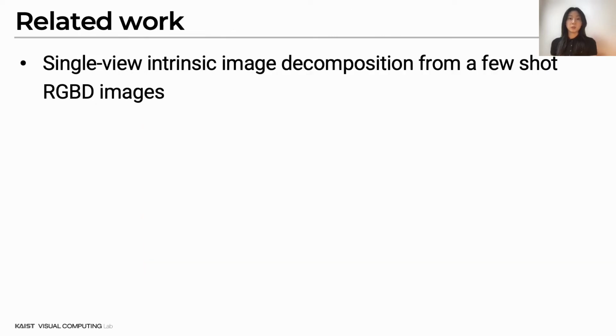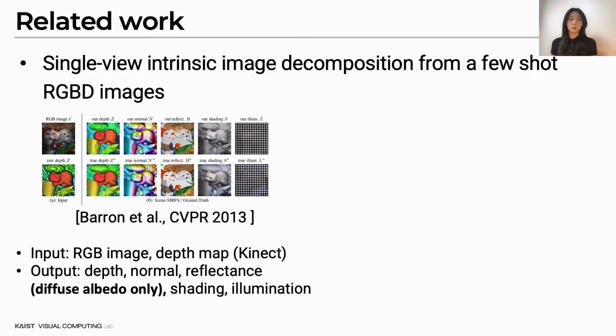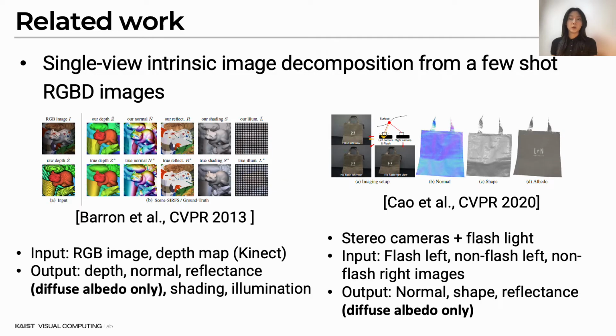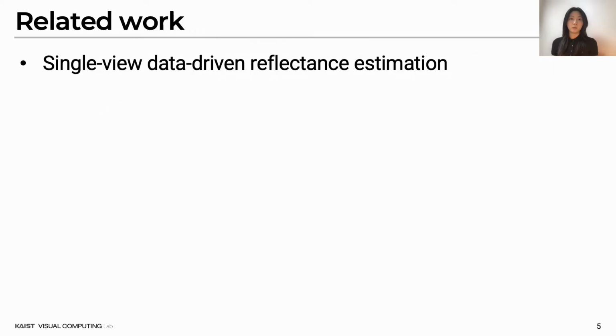There are previous works that try to reconstruct intrinsic properties of objects from a few shots of RGB-D images. Baron et al. and Kao et al. take this approach. They estimate intrinsic properties of objects successfully, but reflectance is limited to diffuse albedo only. There are also deep learning-based approaches.